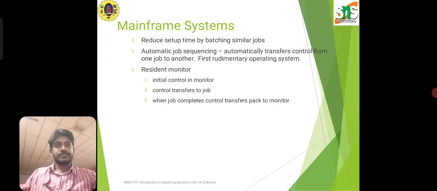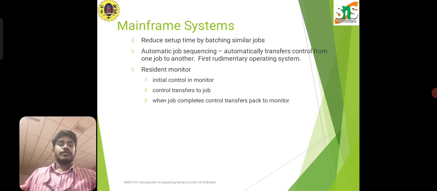Then mainframe systems reduce setup time by batching similar jobs, with automatic job scheduling and a resident monitor. Initially control is in the monitor, and control transfers to the job. When the job completes, control transfers back to the monitor. So this reduces setup time by batching similar jobs. This is the mainframe system we are talking about here.